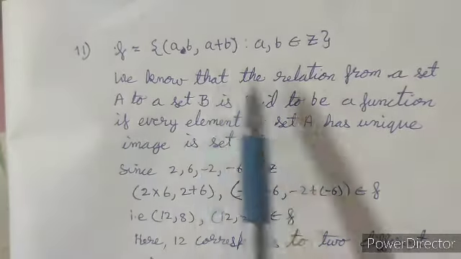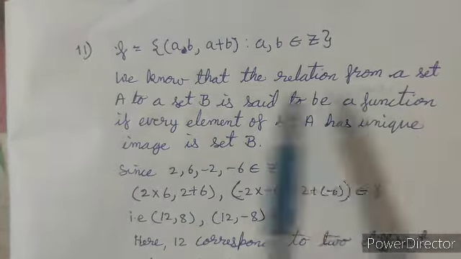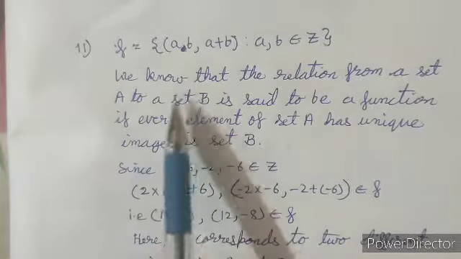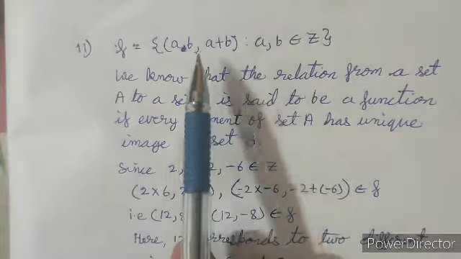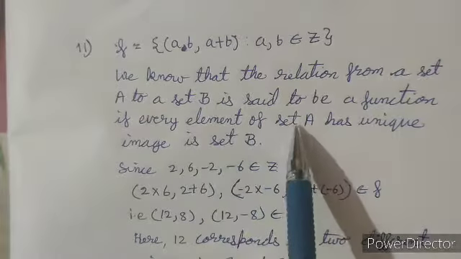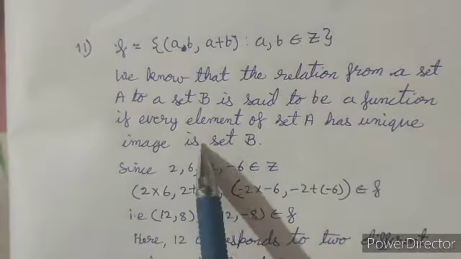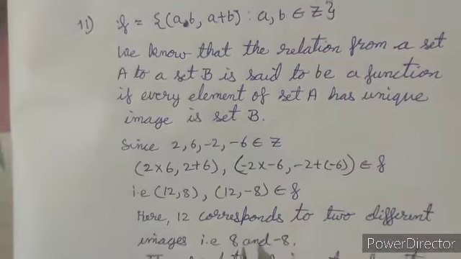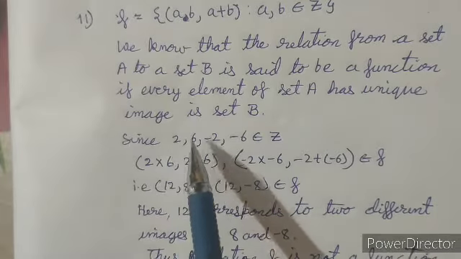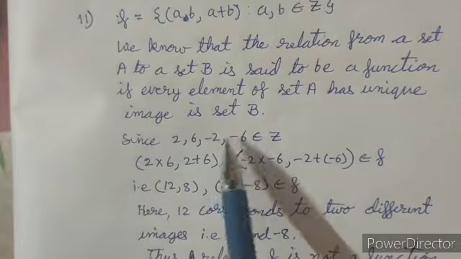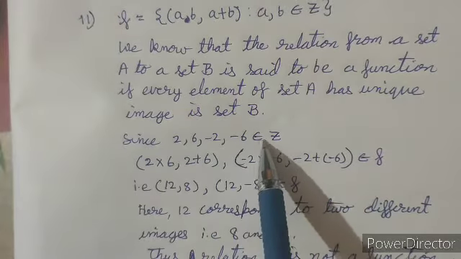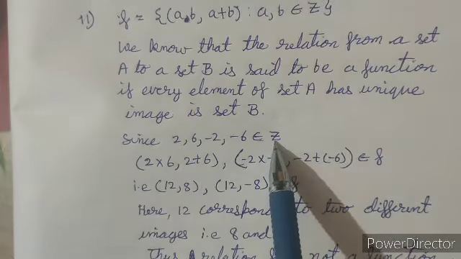We know that the relation from a set A to B is said to be function if every element of set A has unique image in set B. Since 2, 6, minus 2, minus 6 are integers or belong to integer.